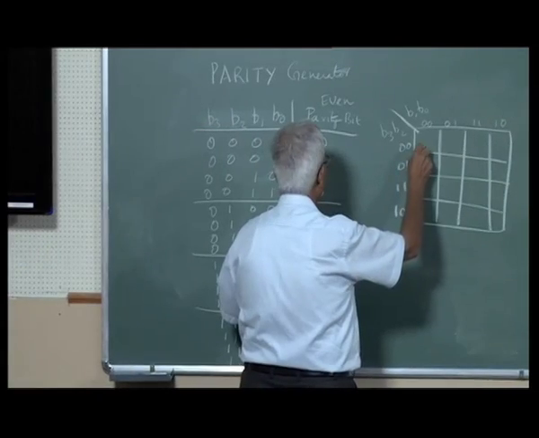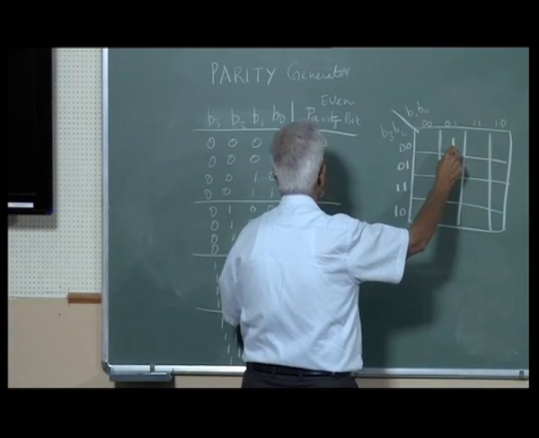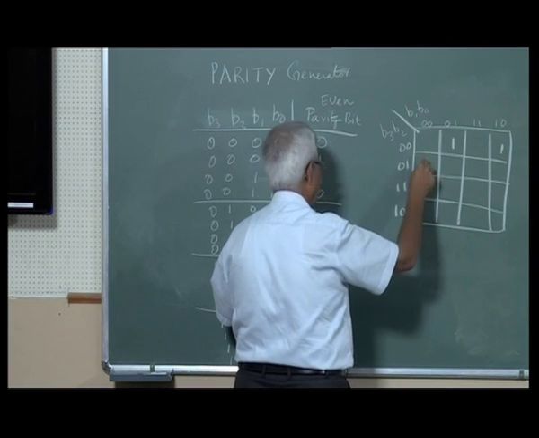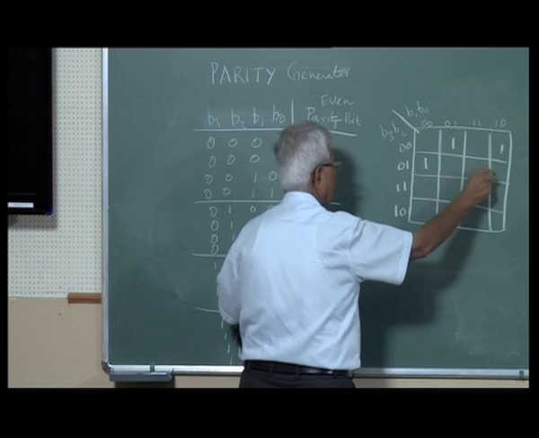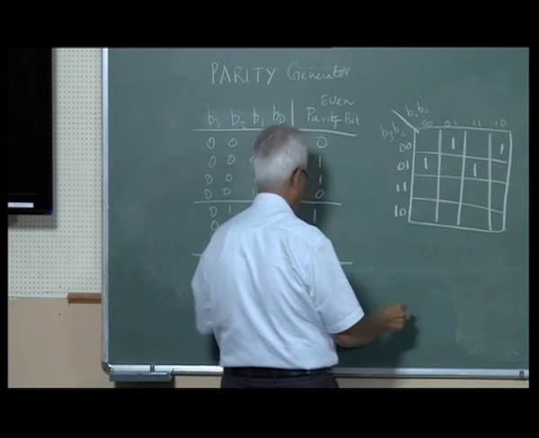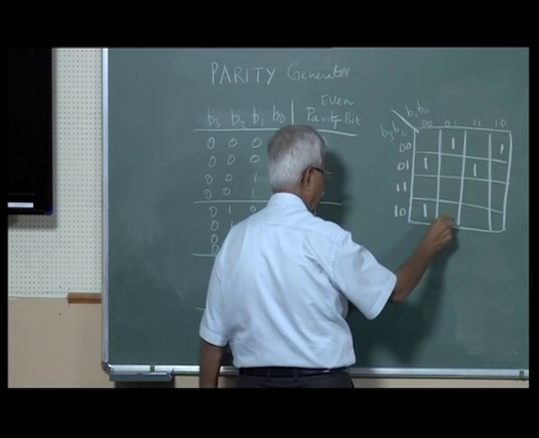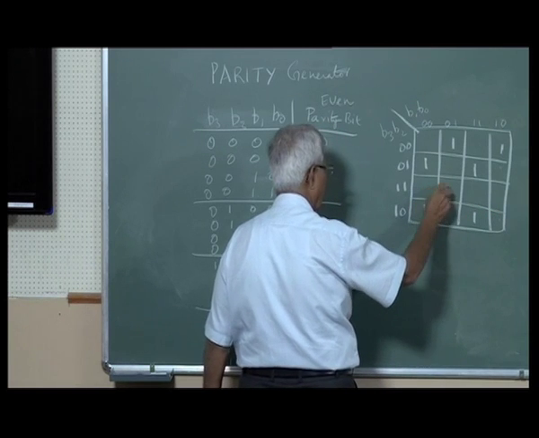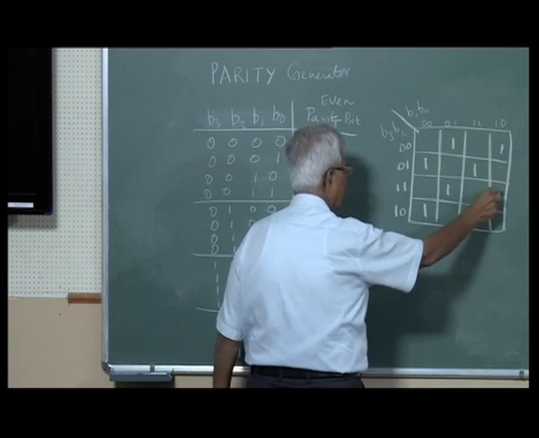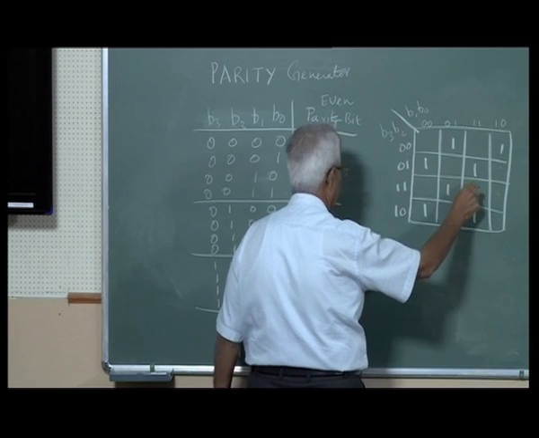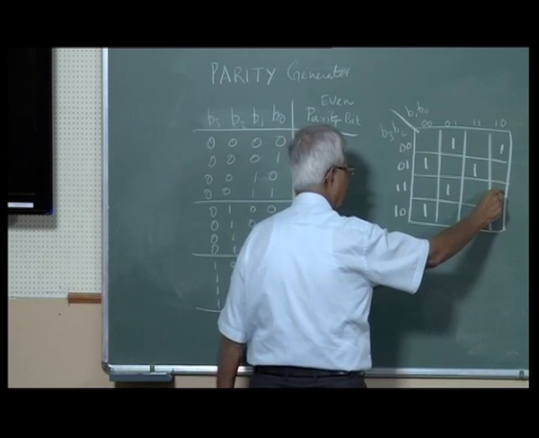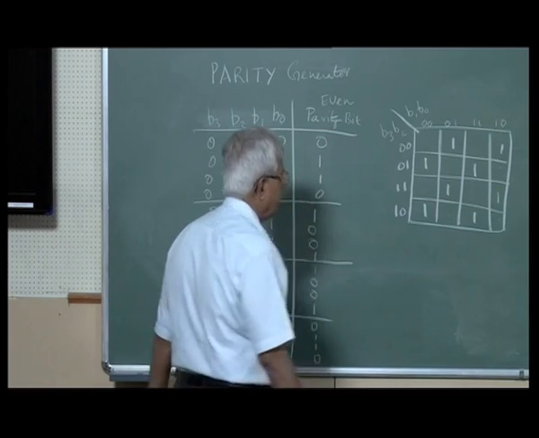So, this is 0, 1, 1, 0, 1, 0, 0, 1, 1, 0, 0, 1, 0, 1, 0, 1, 0, 1, 1, 0. This is the map.